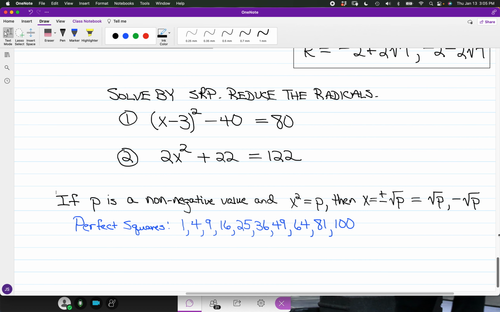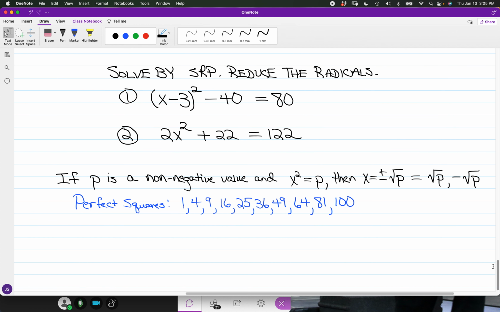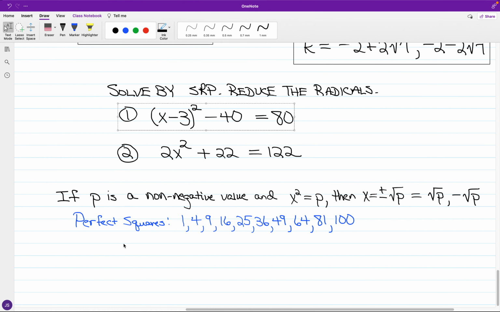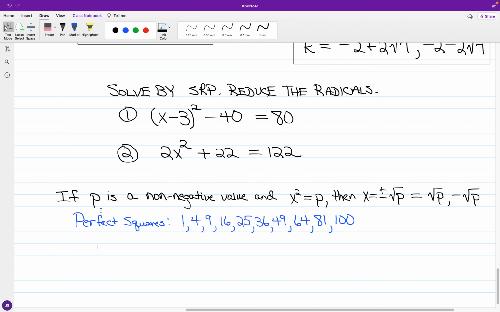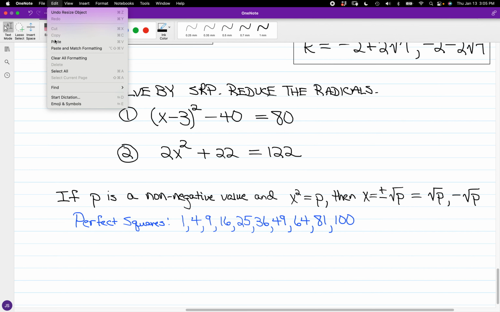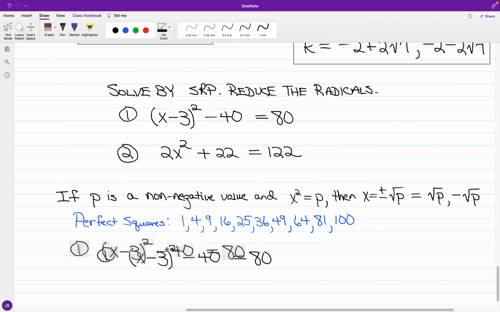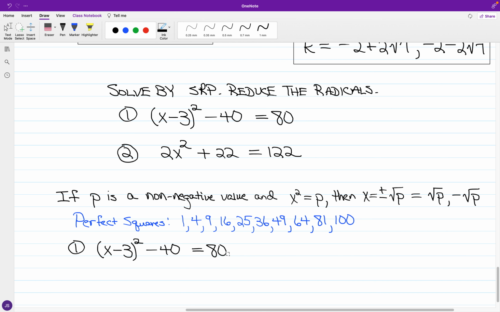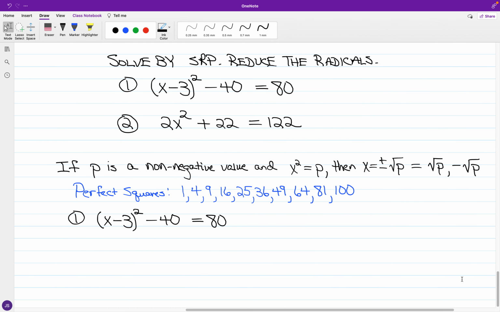For these items, if we're looking at solving by the square root property, with the first item, you have the square of x minus 3, minus 40, is equal to 80. And working with the square root property of equality, the square of x is represented by the square of x minus 3. We want to isolate this in order to be able to identify p.